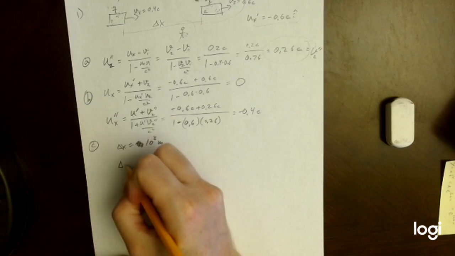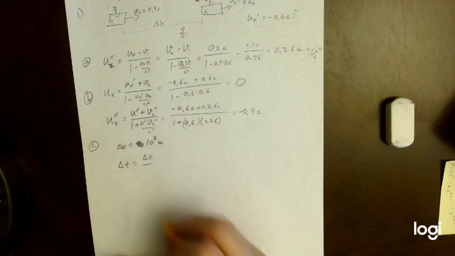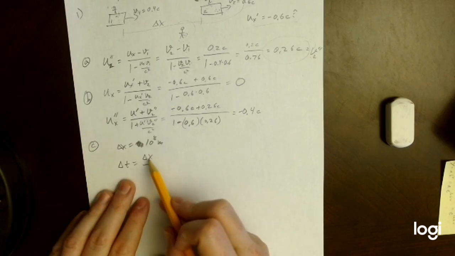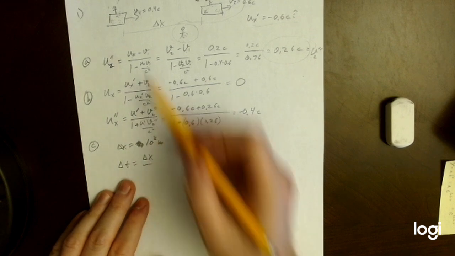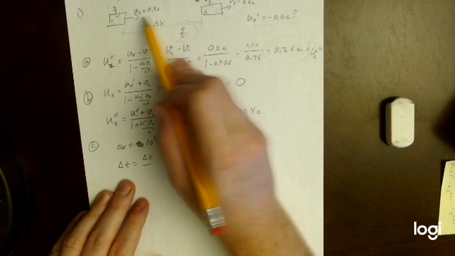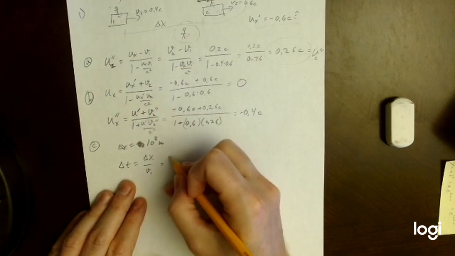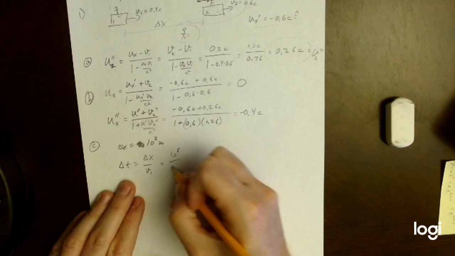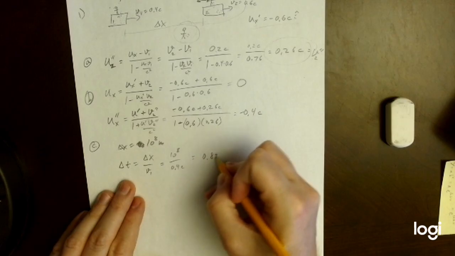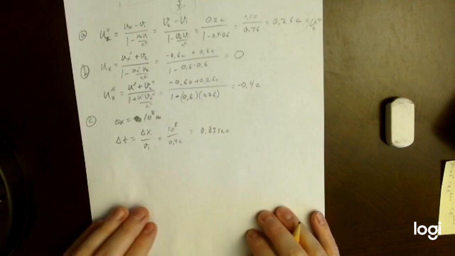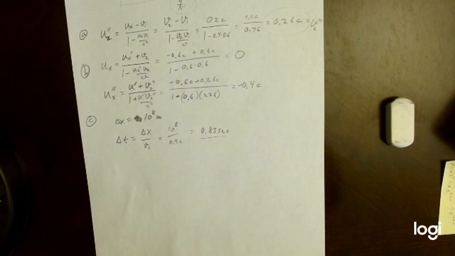So all we have to do here is just think delta t is going to be delta x over the relative velocity, which the unprimed observer sees that distance, and we see the ball at rest and the car racing towards the ball at 0.4 c. So this is just v1, and this is 10 to the 8 over 0.4 c. And if we plug those numbers in, we're going to get about 0.83 seconds. So the unprimed observer sees the ball being caught 0.83 seconds after being thrown.